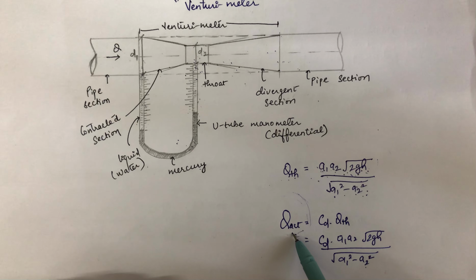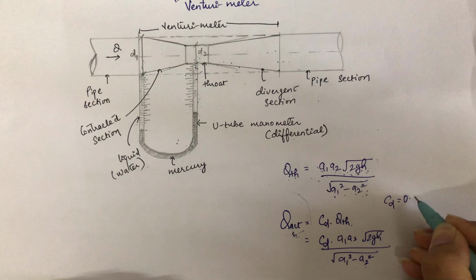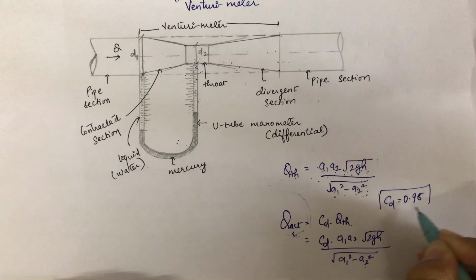In the case of a real fluid, viscosity will be there, head loss will be there, as friction will be there. So we need to multiply the coefficient of discharge CD with the theoretical discharge value to get the actual discharge. And the value of CD used for the Venturimeter is 0.98.